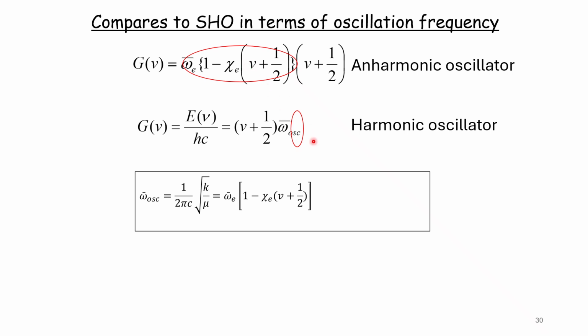So this is equivalent to the vibrational frequency. So we can determine the vibrational frequency equals omega E multiplied by 1 minus chi E V plus half.